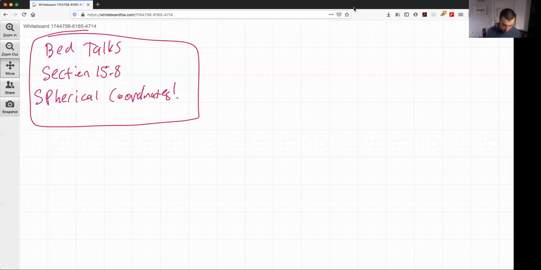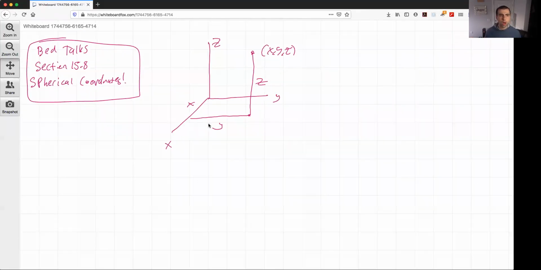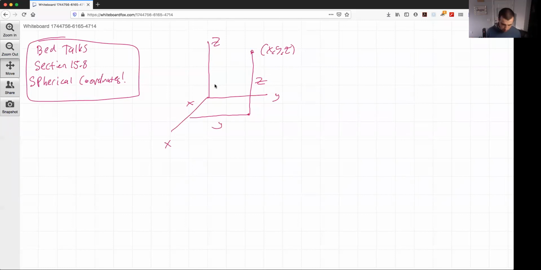So this is a reminder of how we did this last time with cylindrical coordinates. We have regular Cartesian coordinates, which is pretty simple. I have my z height, I have my y, and I have my x, and I get my point x, y, z. Now, maybe this is not the best choice. Maybe I can think about a point x, y, z in a different way, in cylindrical coordinates, maybe a point on a cylinder.